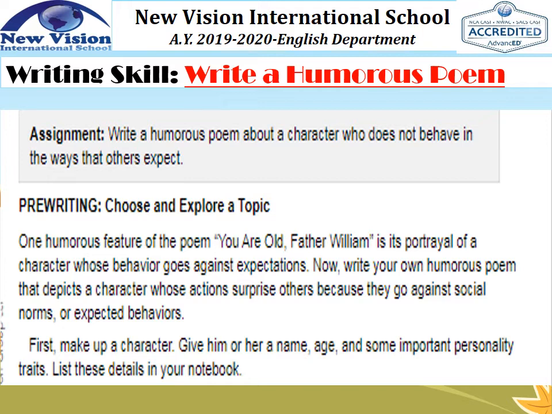One humorous feature of the poem, You Are Old, Father William, is its portrayal of a character whose behavior goes against expectations. Why? In the poem, the father did what? Okay, first, he turned a somersault, right? When we say somersault, it is doing some acrobatic movement. Another thing, he eats a whole goose, isn't it?